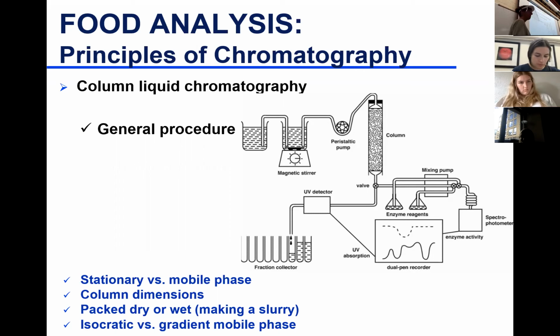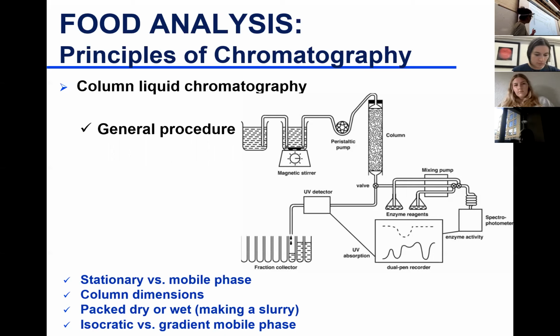But oftentimes, many, many times, we use something called gradient mobile phase. That means the concentration of your mobile phase is changing over time. And this is often used to speed up your separation. Remember the example of buying something for the little girl to get out of the store. So here I'm changing the concentration of the mobile phase so that the compounds that are attached to the stationary phase and don't want to leave in a reasonable amount of time get out faster after the separation has been achieved.